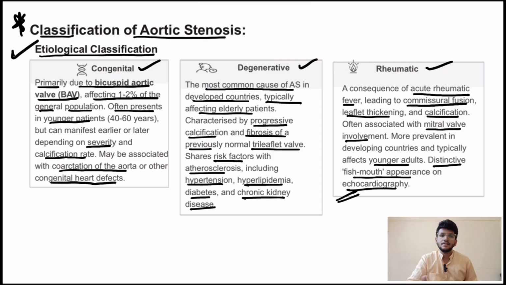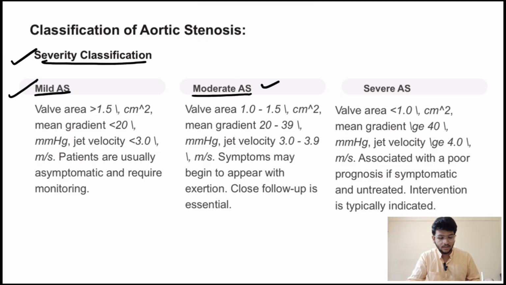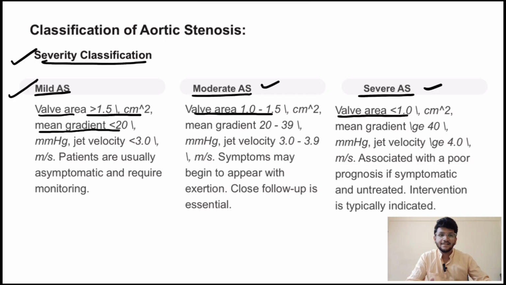Now let us see the severity classification of the aortic stenosis, where the aortic stenosis is classified on the basis of severity as mild, moderate and severe aortic stenosis, wherein the valve area in mild is more than 1.5 centimeter square. In moderate it is from 1 to 1.5 and in severe it is less than 1 centimeter square.